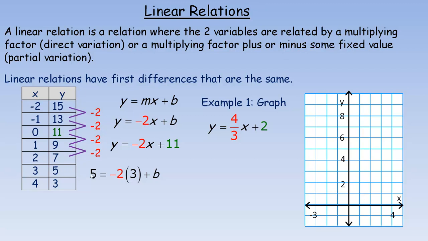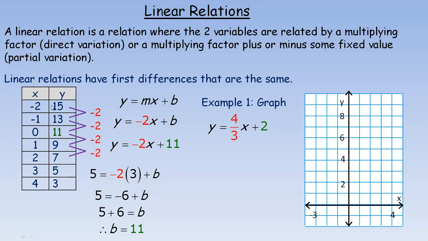I'm going to put 5 in place of y, and that 3 in place of x here. And so if we multiply the negative 2 by the 3, you get negative 6. So 5 equals negative 6 plus b, and I want to find what b is. So I'm going to take that 6 over here and add it to the 5 to get the fact that b is 11. So there's the same 11, and the equation is still y equals negative 2x plus 11.